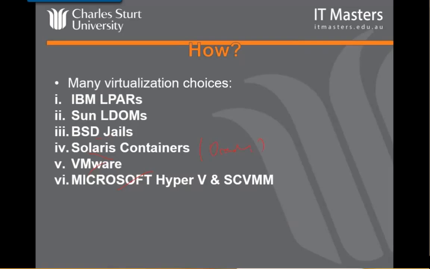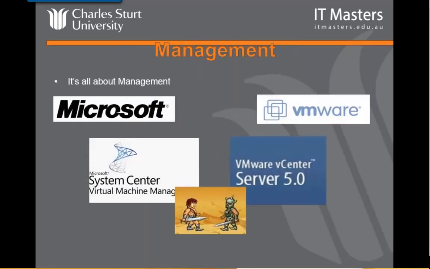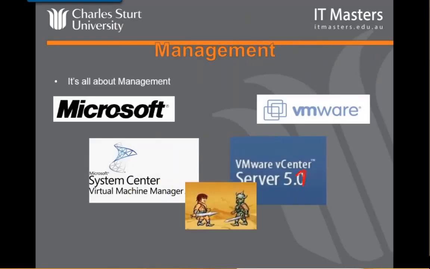BSD jails, Sun, which is again Oracle. Sorry, Solaris is not Sun, it is Oracle. IBM. So there are so many different virtualization choices. But we are just focusing on these two, and the battle, or whatever I'm going to show you now, is based on these two platforms.